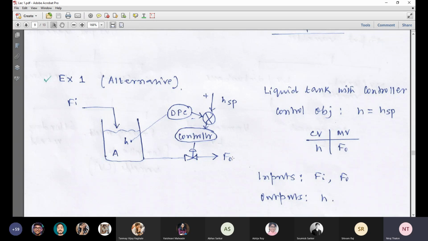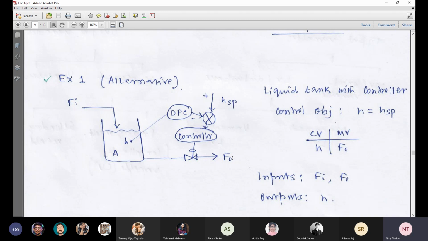So do not be confused. Your manipulated variable always falls under input variable. That's why F0 is considered here as an input. And again, I want to mention, this is exclusively true for the process control course.